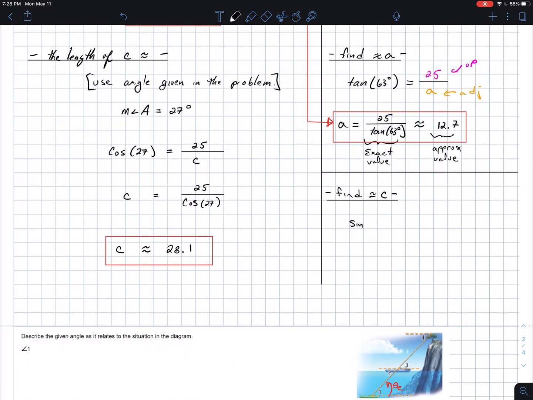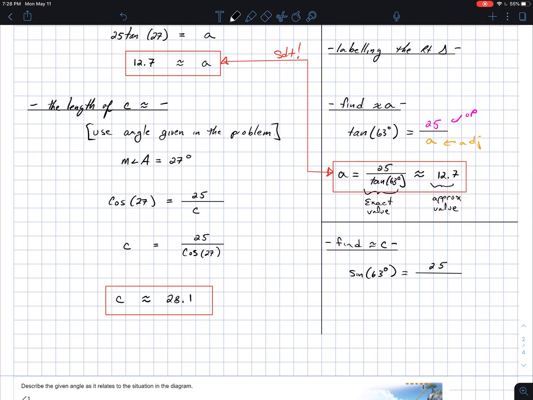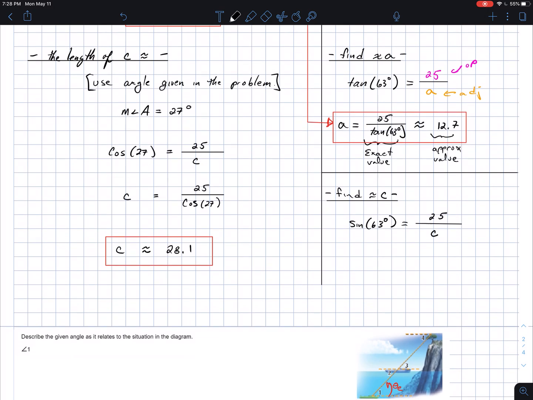So the sine of 63 degrees is going to be equal to its opposite, which is 25, all over C. We are then going to solve for C. So C gives the exact solution of 25 divided by the sine of 63 degrees.